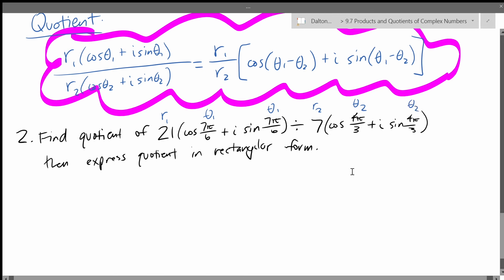So r sub 1 over r sub 2 is going to be 21 over 7, times the cosine of theta sub 1 minus theta sub 2. So that'll be 7 pi over 6 minus 4 pi over 3, plus i times the sine of 7 pi over 6 minus 4 pi over 3.